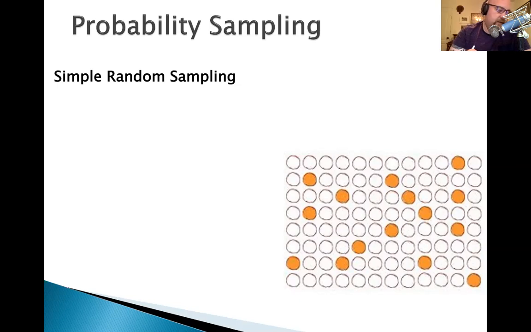The advantage here is that it can reduce sampling error because it's voluntary, and the people who decide they want to take your survey do a self-selection. The only thing you really have to worry about is two things.